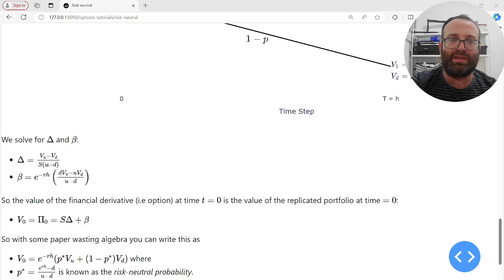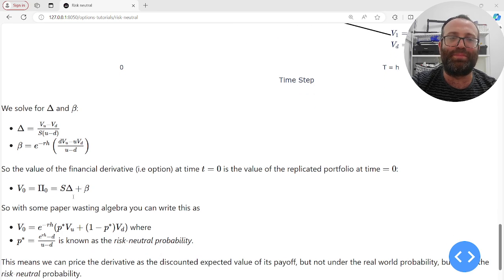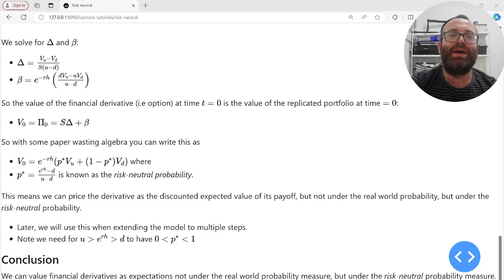You get these values, a general expression. Then the value of the derivative at time 0 is that portfolio with these weights of delta shares and borrowing beta from the bank. This should be a minus beta, sorry about that.